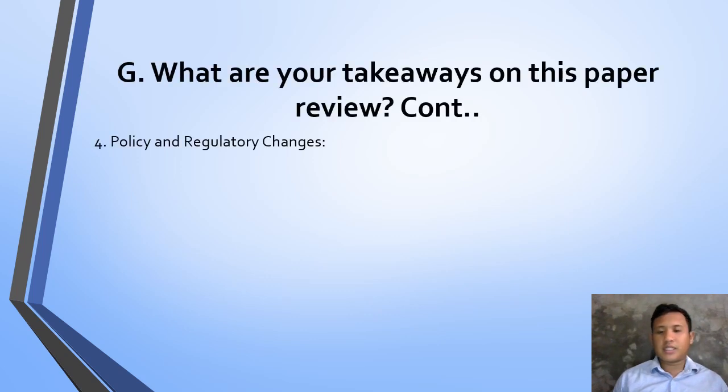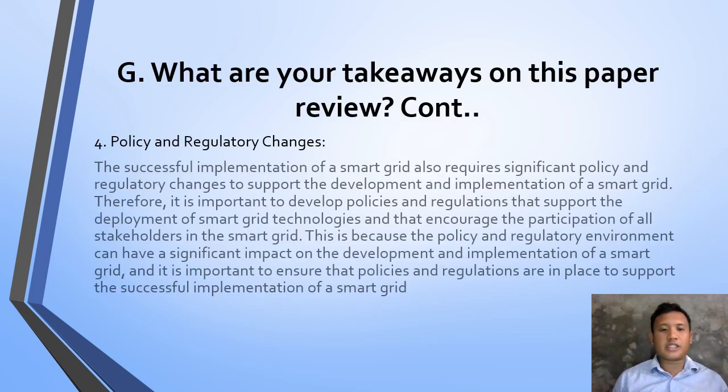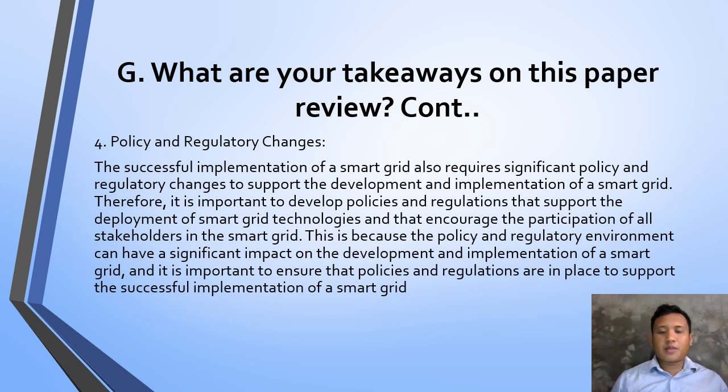So that's why we need to fully assess what's the capability of our current technology we have. And last but not the least, the policy and regulatory changes. The successful implementation of a smart grid also requires significant policy and regulatory changes to support the development and implementation of a smart grid.